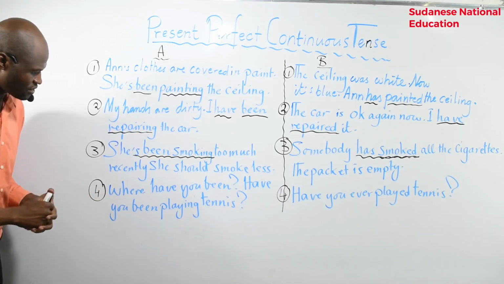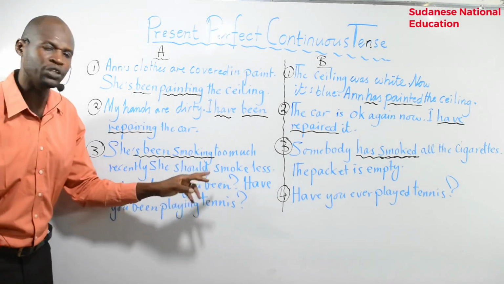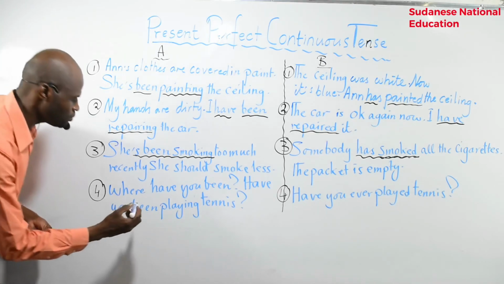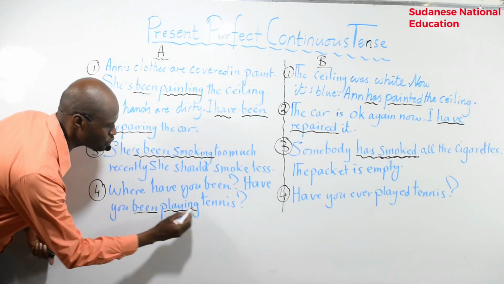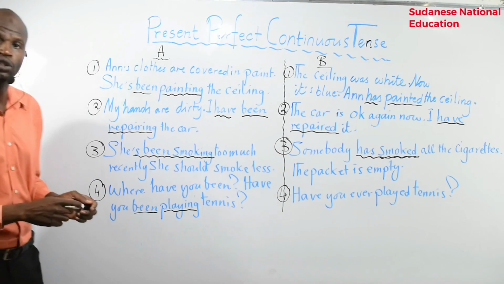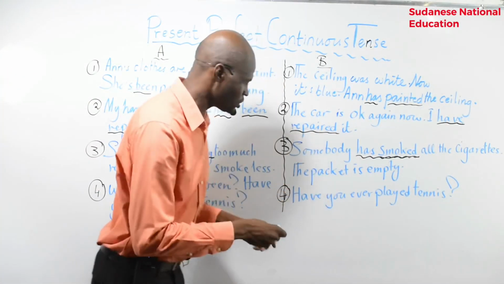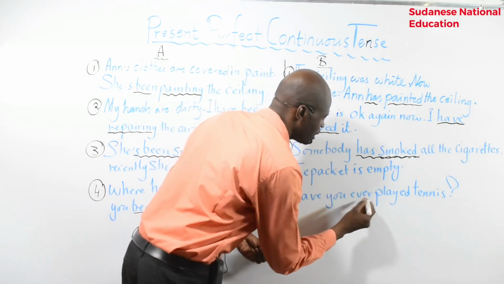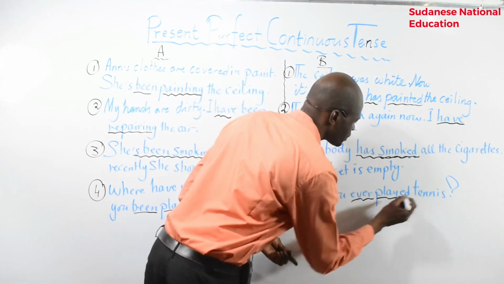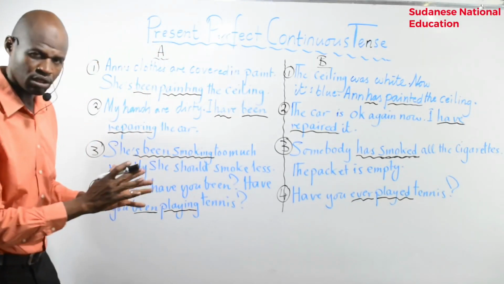Let's take the last example. Where have you been? Have you been playing tennis? But for a complete action, have you ever played tennis? Here, the action of playing is a complete action.